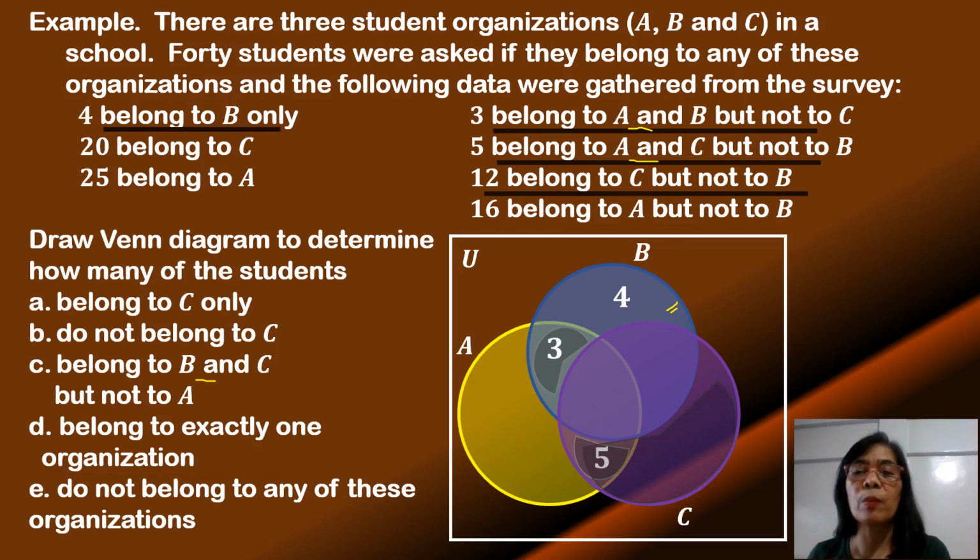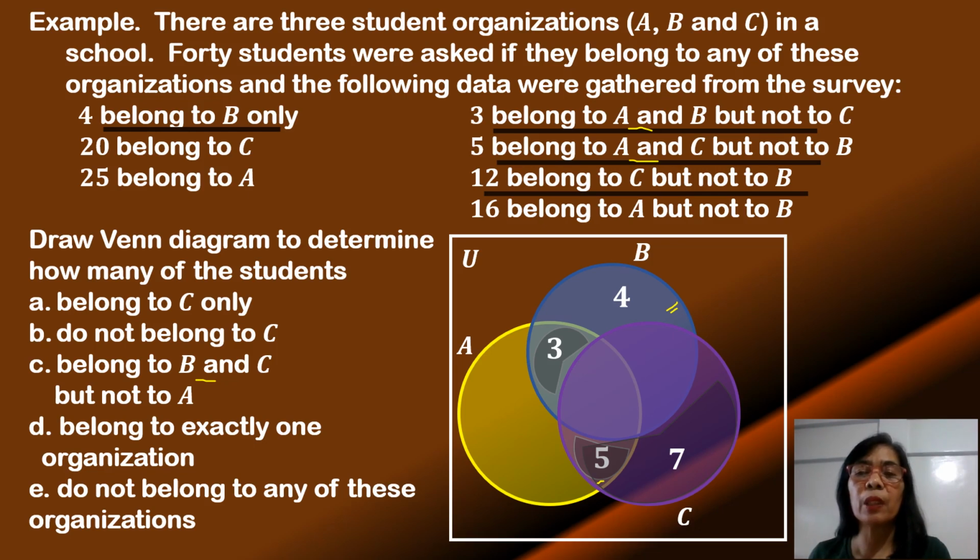This is the region representing students who belong to C but not to B. There are 12 of those students. We already have 5 in this region. That means there are 7 students in the other region.